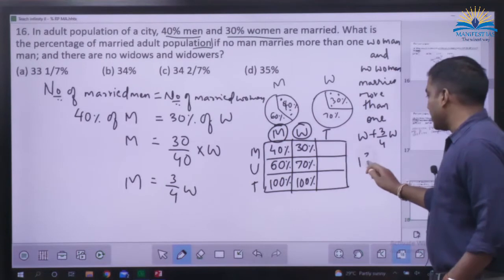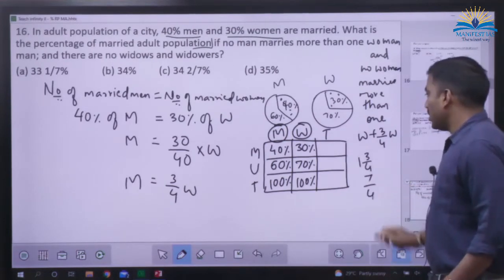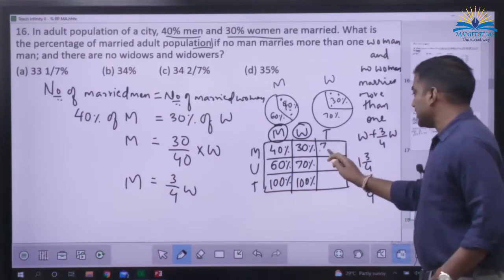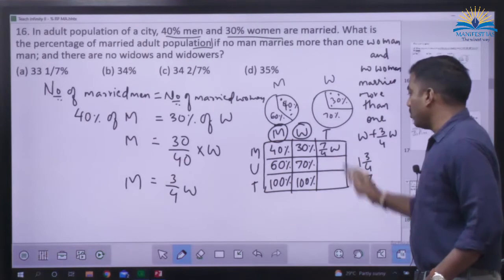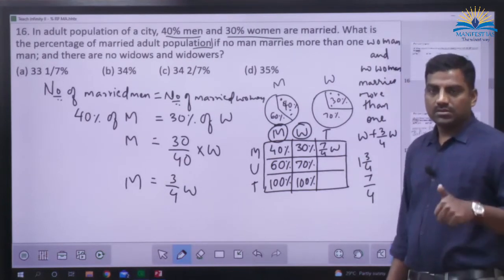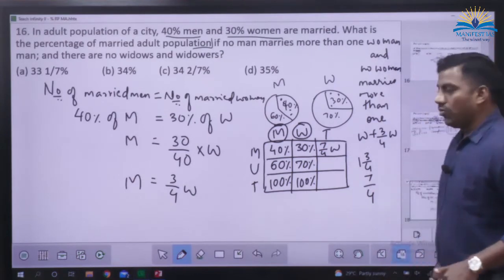That is 1 integer 3 by 4. That is 7 by 4. So the total married population is 7 by 4 W. Yes? Fine? Yeah?